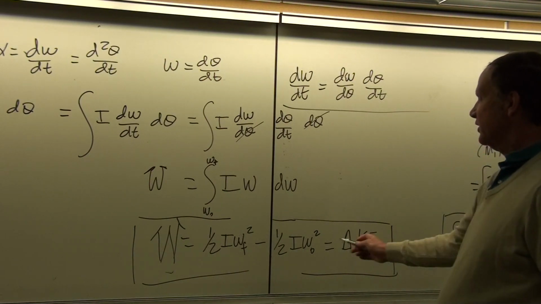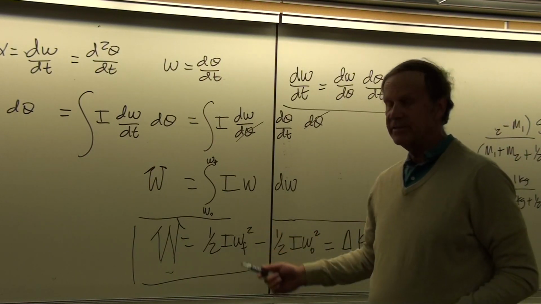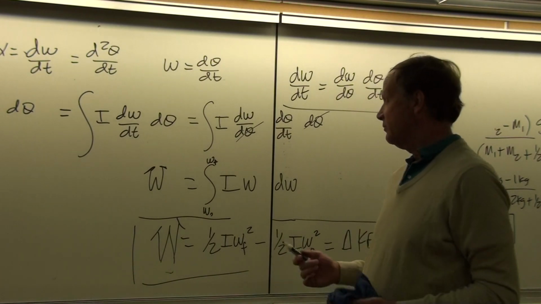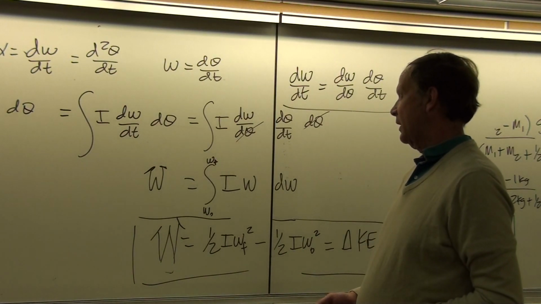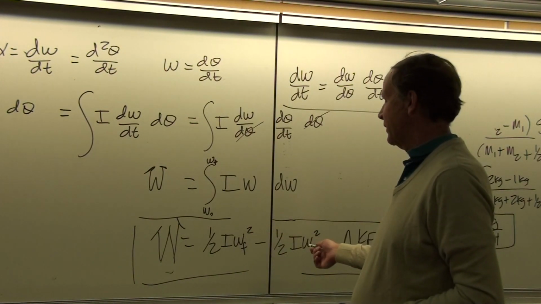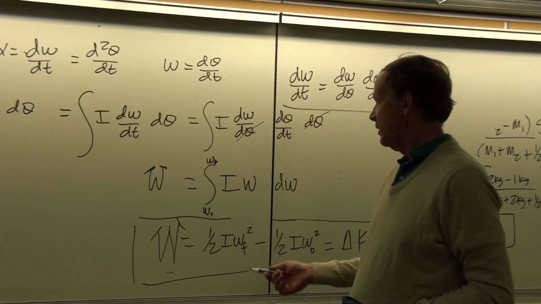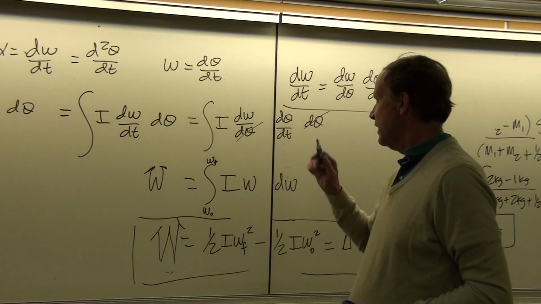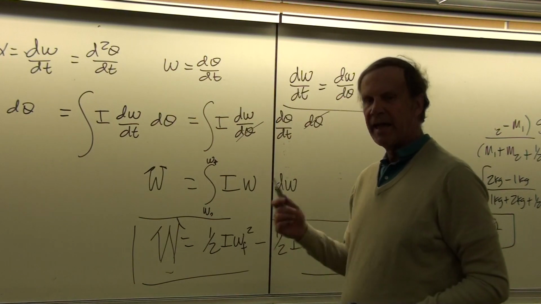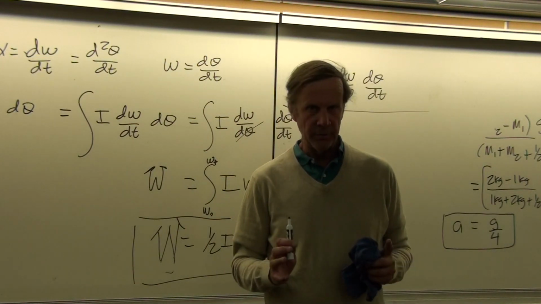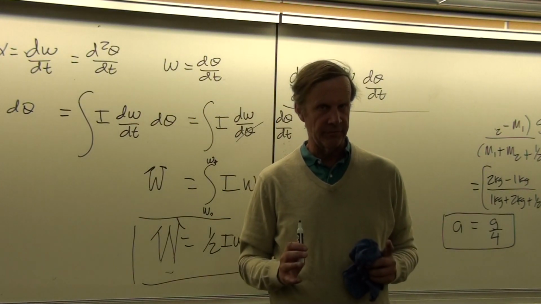So this is just like our work done in the case of kinetic energy, which is equal to 1/2 mv final squared minus 1/2 mv initial squared. But now this is the work done to change the angular velocity of an object from omega initial to omega final.